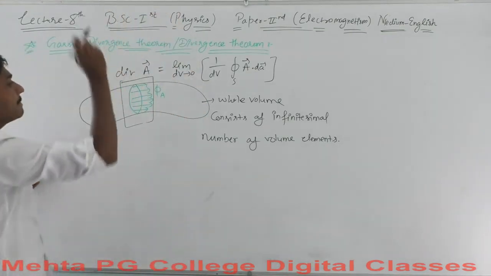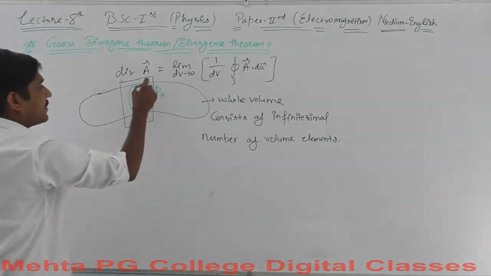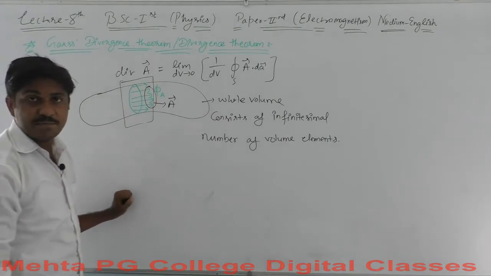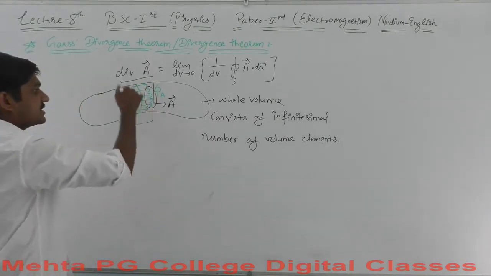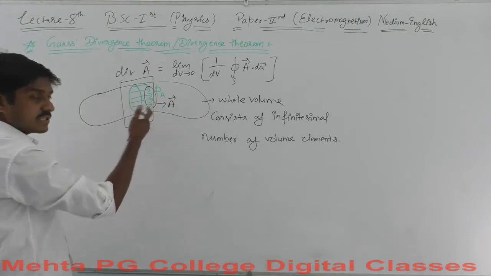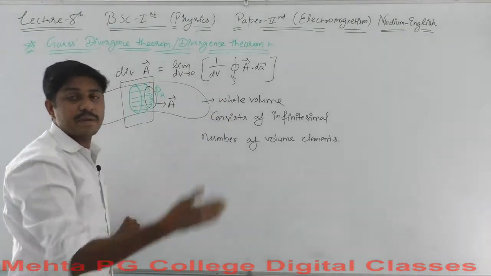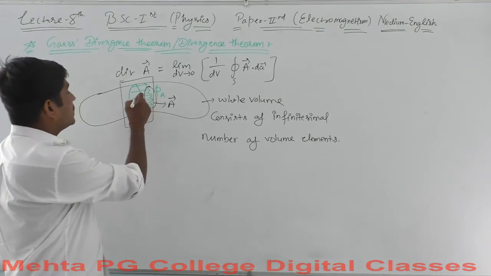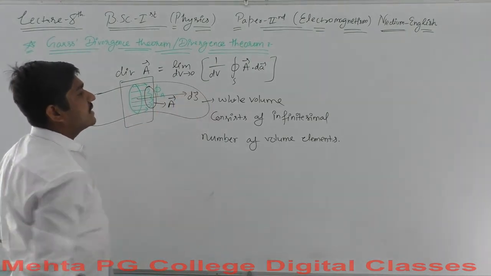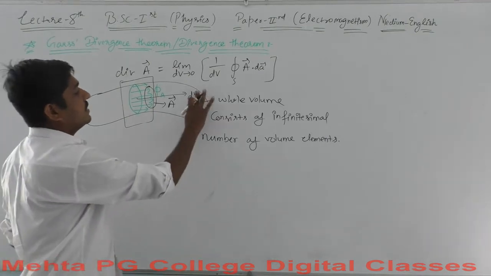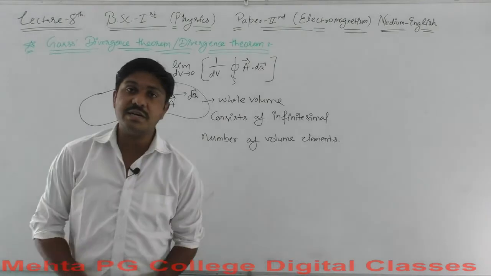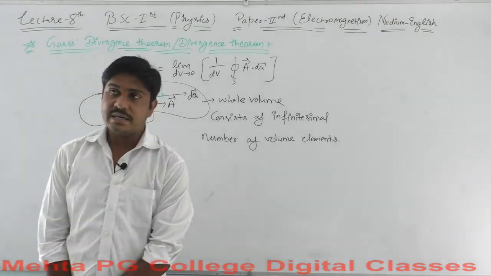This is the representation of vector A, and this is the whole surface area, which has a direction perpendicular to the surface, in this same direction, dS, or in short dA. Yes, the surface has its direction, which is dA.